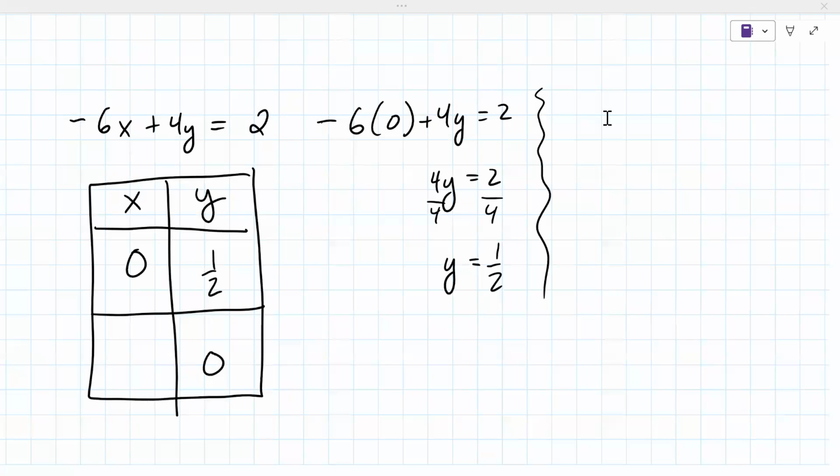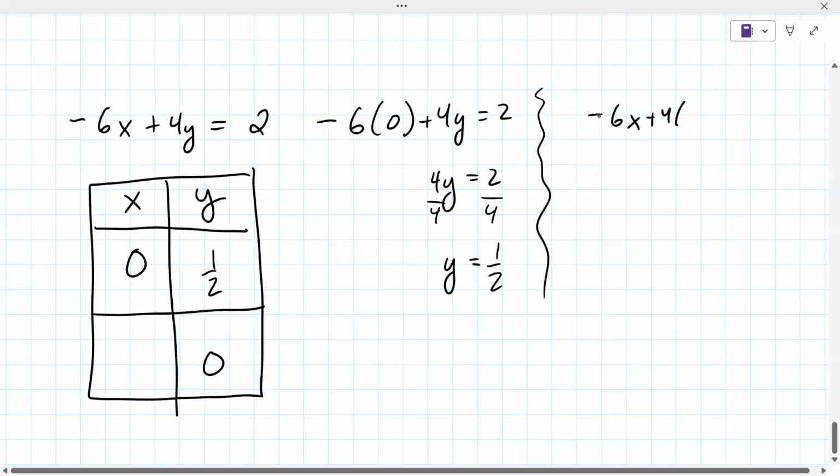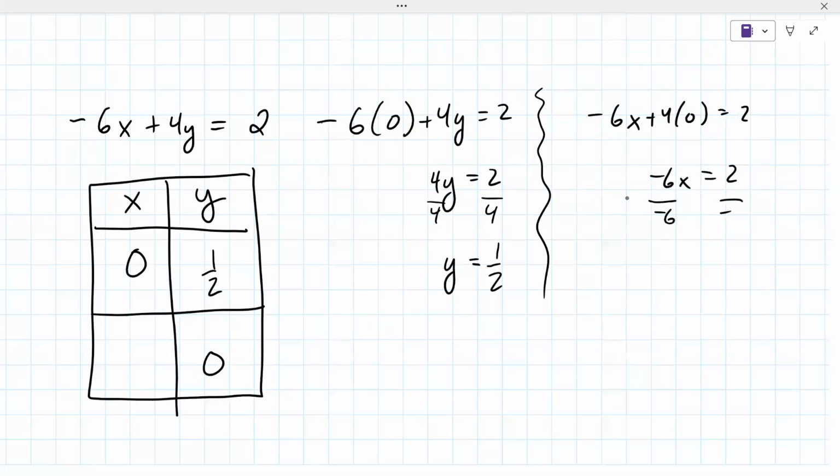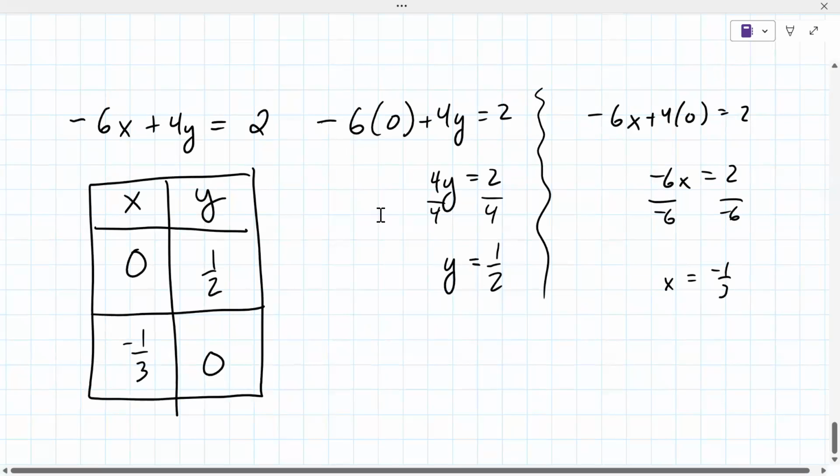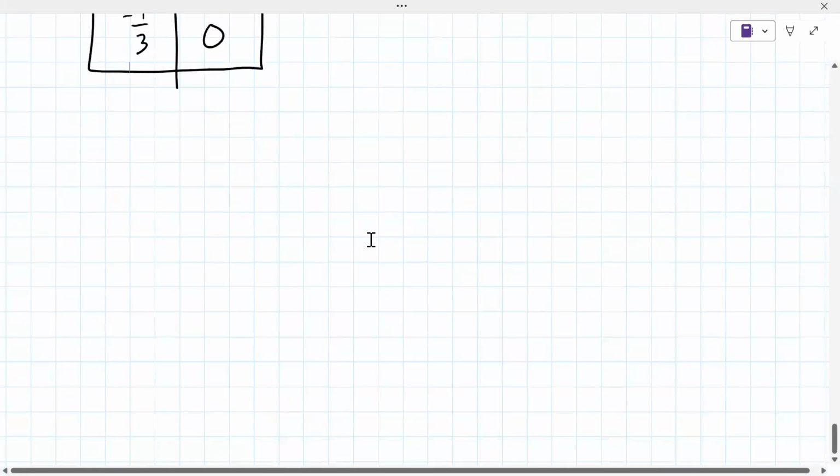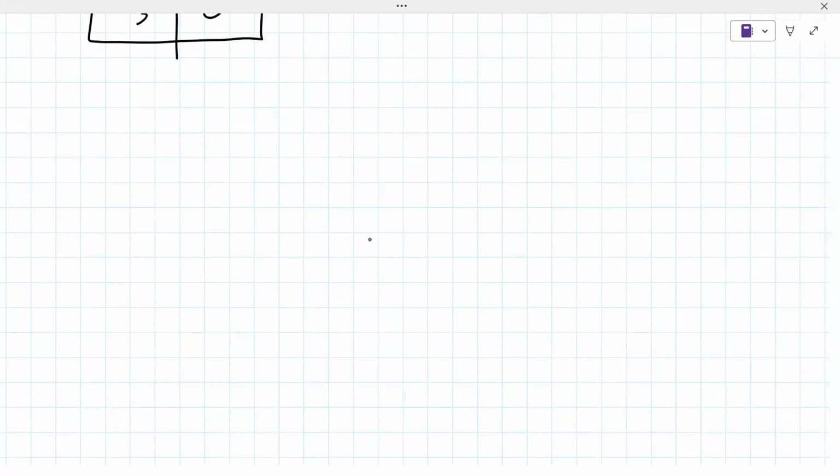So you've got a sign error. Minus 6x plus 4 times 0 equals 2. Minus 6x equals 2. Can't neglect that negative operator. Oh, on my paper I forgot to write the negative. All right. Okay. Ready to do another? Yeah. All right. We'll do a couple more here. Let's go minus x plus 2y equals -1.